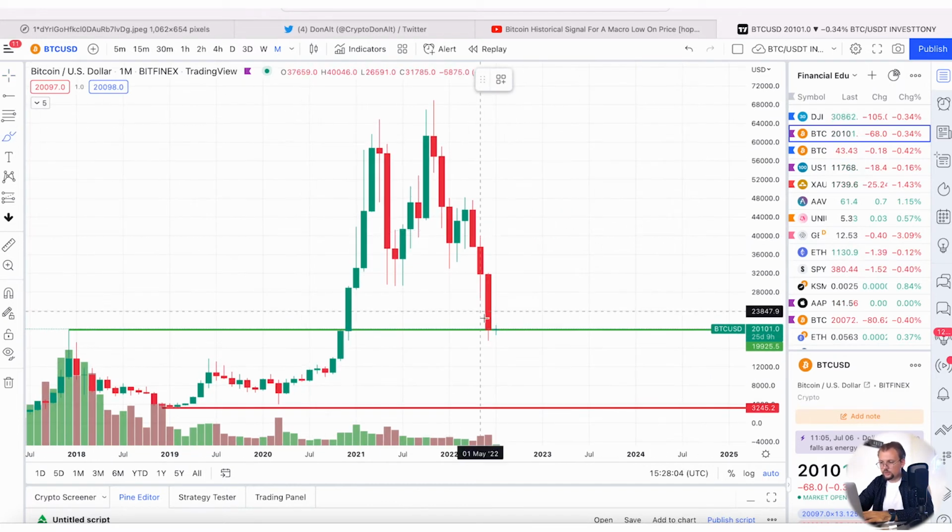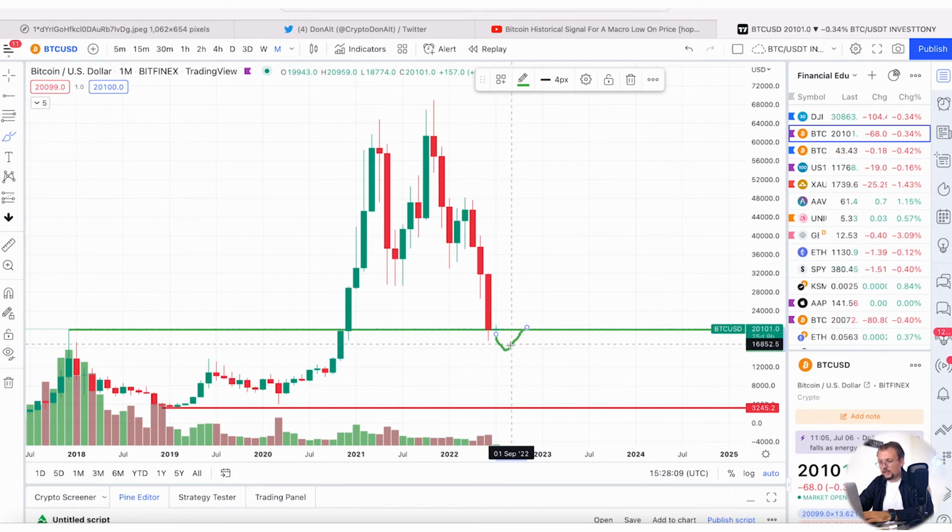Now if Bitcoin were to fall below this level and start to bounce and hit this line from below, that line will likely be a resistance. It will not let Bitcoin go higher. It will resist its growth.